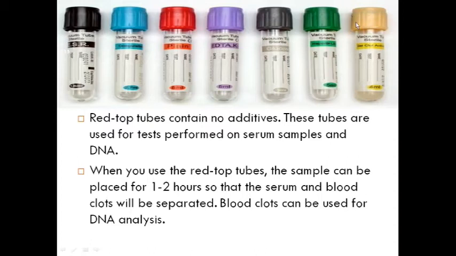Last one is the yellow top. It contains acid citrate dextrose, and it preserves RBCs for blood banking. So these are the different vials or tubes that we can use for the collection of the blood sample.